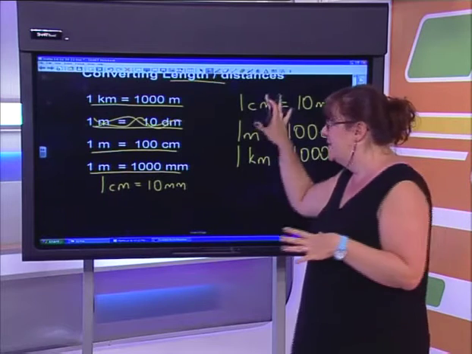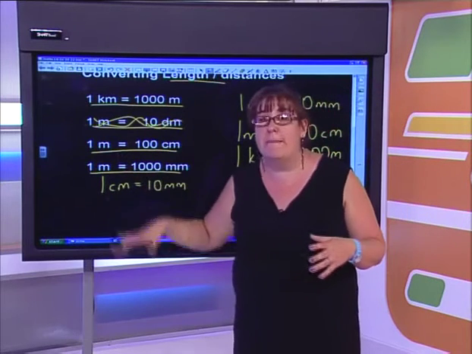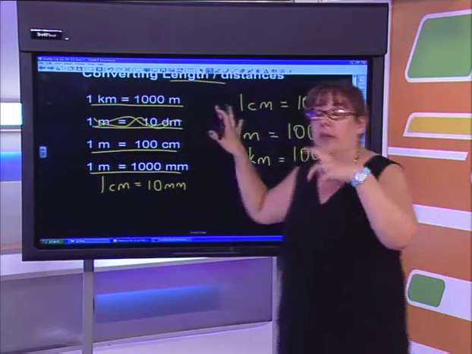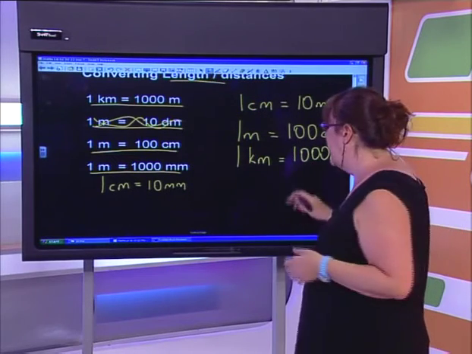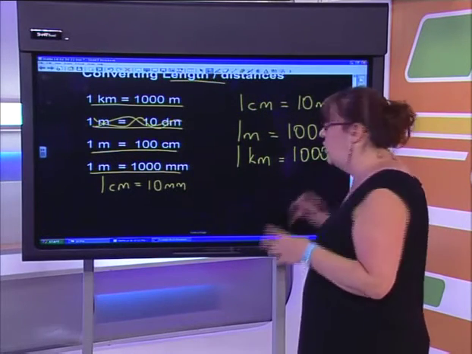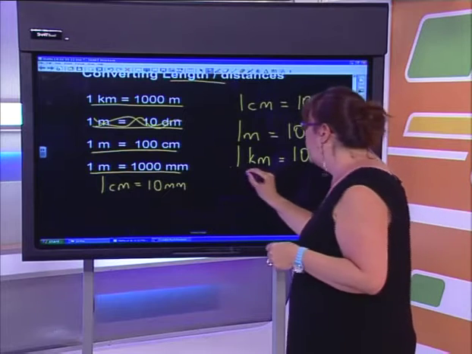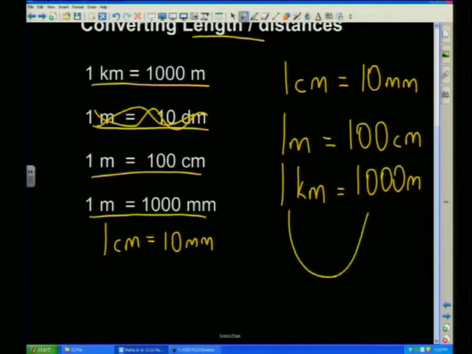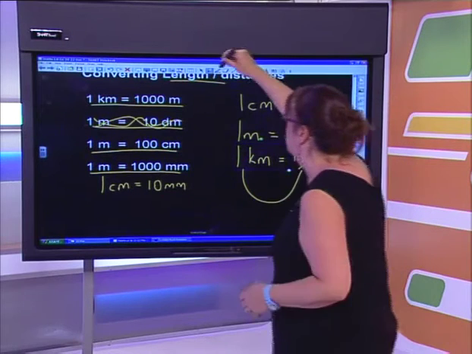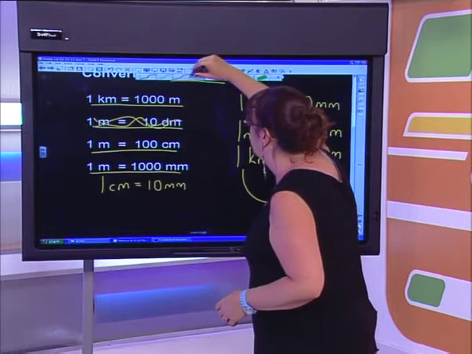Now that I've got that set out, I haven't even had to remember these. I've calculated them kind of logically, and now we use this to do our calculations to convert. And what we do is, when we go from kilometers to meters, or from meters to centimeters, or centimeters to millimeters, in fact, if I go from this column to this column, so let's do the 1 column, let's just highlight it in green.